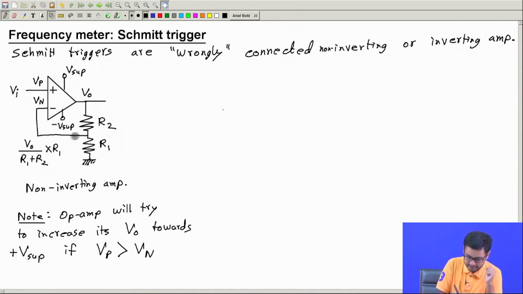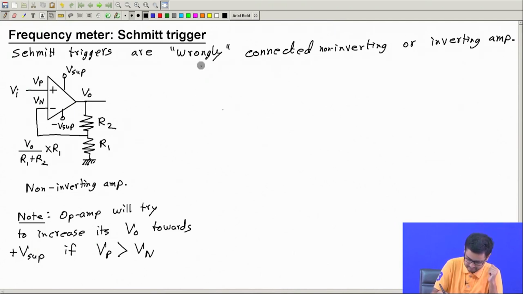So that means this Vn will also increase. Therefore, the gap between Vp and Vn will reduce. And if the gap between Vp and Vn is reducing, is going towards 0, then the op amp will not require to increase its output towards supply voltage, V supply.